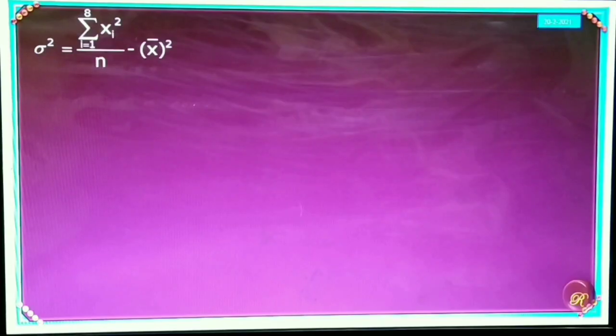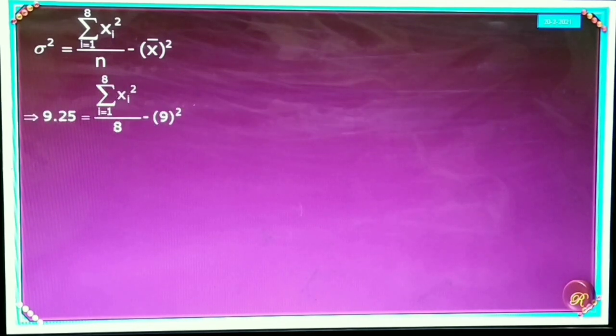Sigma square is equal to summation of xi square divided by n minus square of mean. This implies 9.25 is equal to summation of xi square divided by 8 minus 9 square.